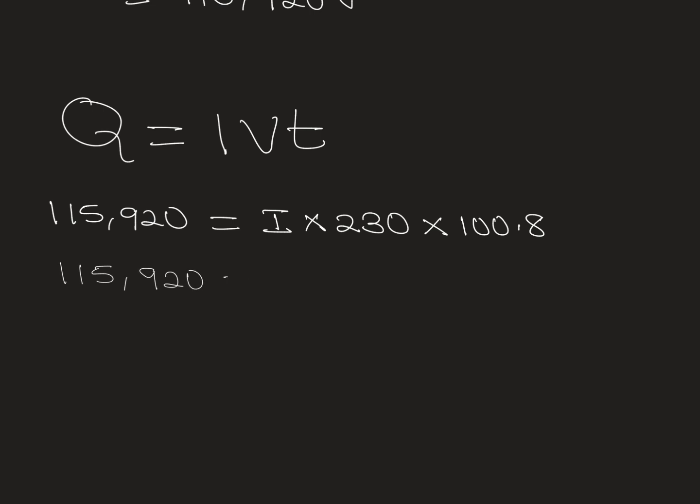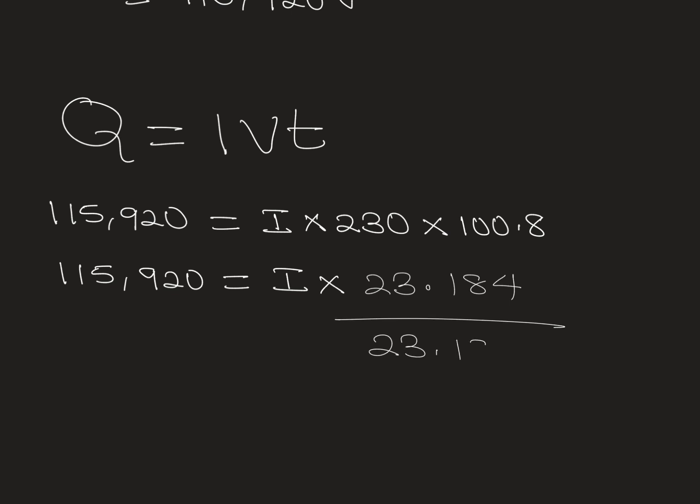We will have 115,920 is equal to the current times 230 times 100.8. That will be 23.184. To find I, which is the current, I will divide both sides by 23.184.